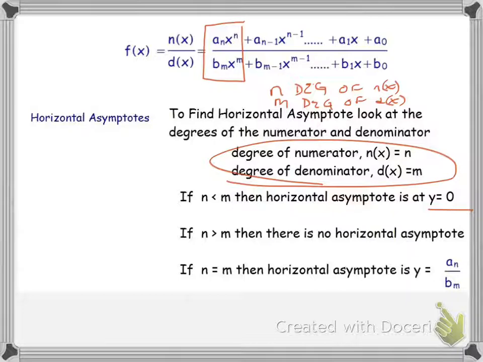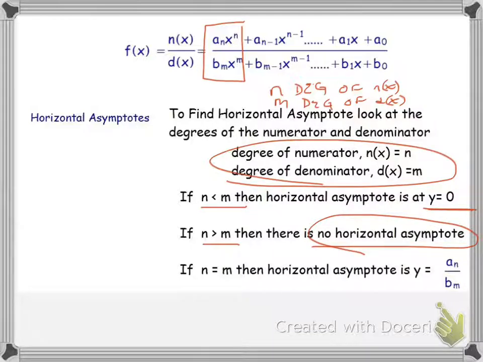So if the degree in the numerator is less than the degree in the denominator, it's going to be at y equals 0. If the degree in the numerator is greater than the degree in the denominator, then there will be no horizontal asymptote.